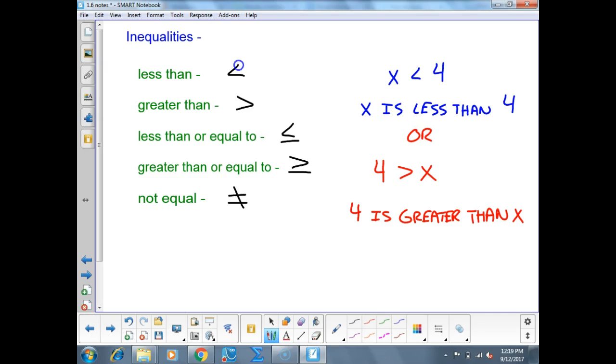Okay? It all just depends on what side you put the numbers and what side you put the variables on.